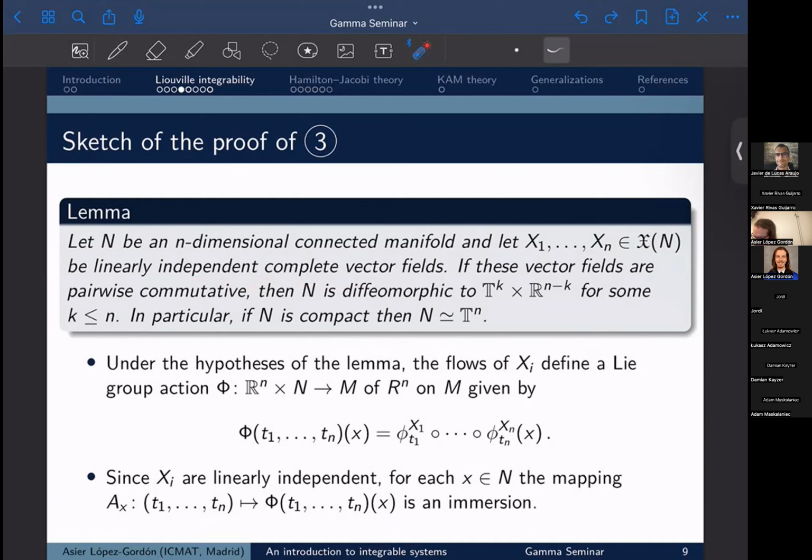their flows define a Lie group action, an Abelian Lie group action, of R^n on the manifold. Sorry, this should be an N, and this should be R^n, the blackboard bold R. I don't know if it is clear why they define an action of R^n. Basically, the way we are defining the action is using the flows of the vector fields.